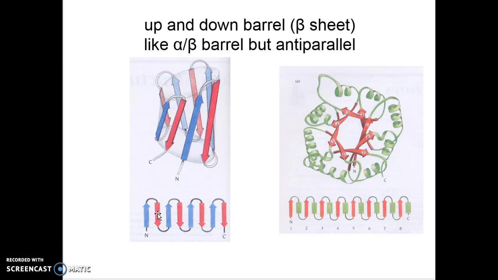They are just connected by a loop in the up and down barrel. However, in the thin barrel, they are connected by a loop, helix and loop. But they both share a barrel shape of the structure.